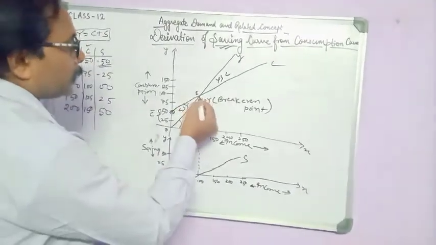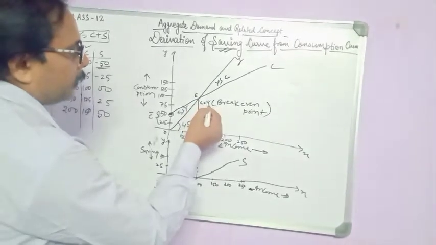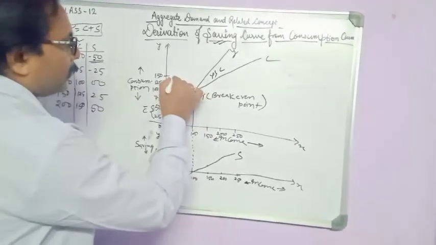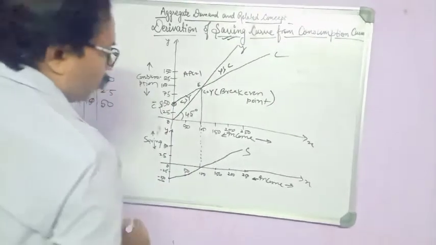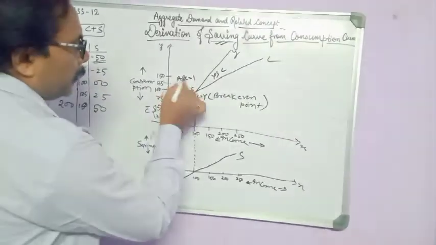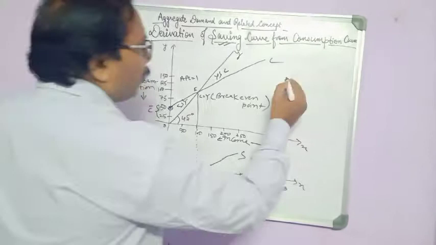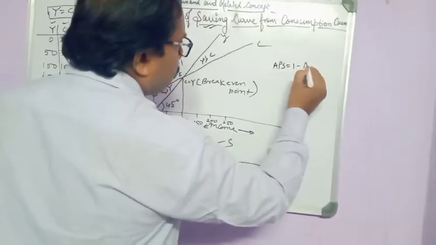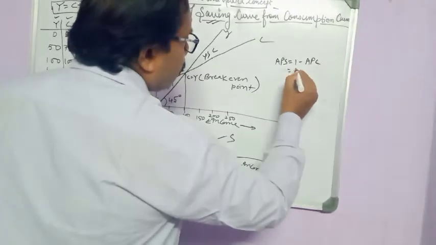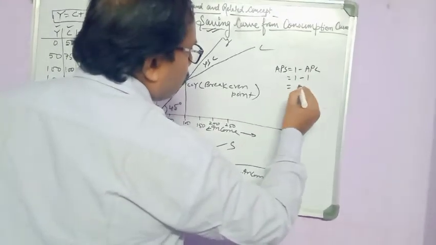This is the point E, where C is equal to Y, or you can say APC is equal to 1. So at this level, when the APC is 1, what will be the APS? APS is equal to 1 minus APC, which is 1 minus 1, equal to 0.